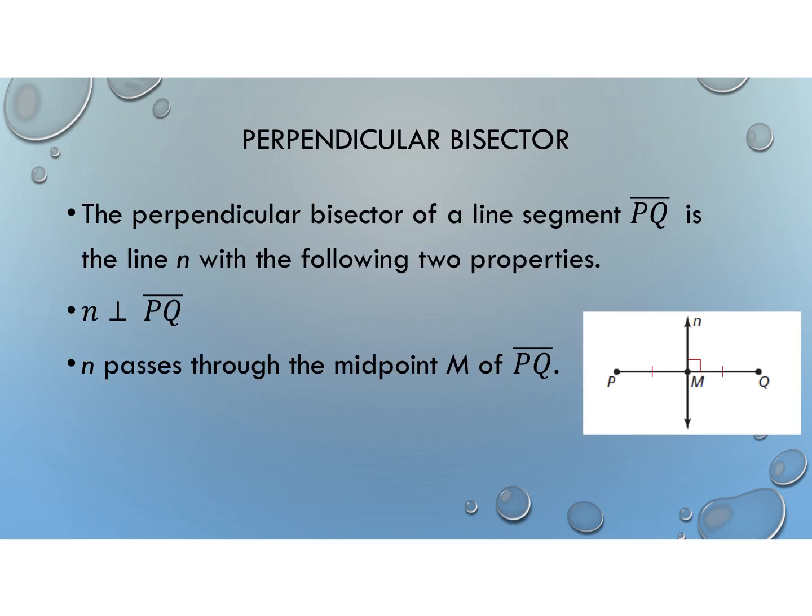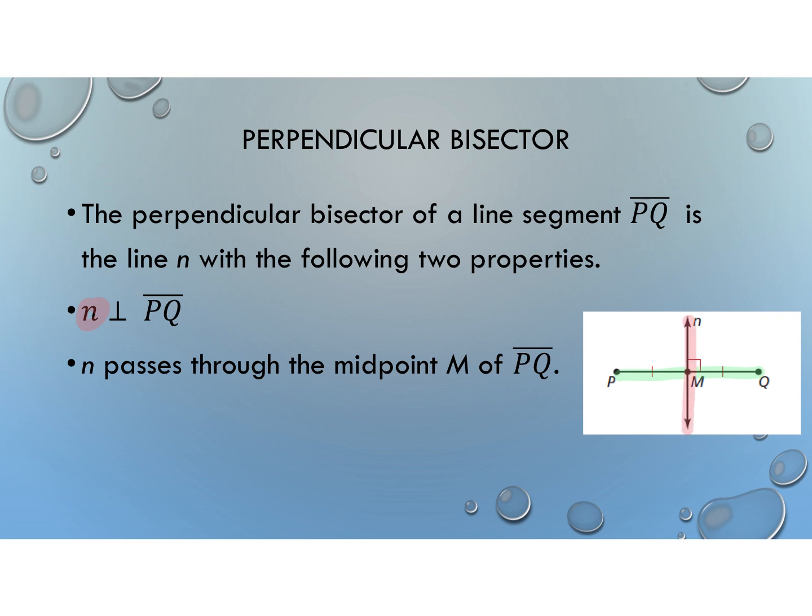So we have the perpendicular bisector of a line segment PQ. That is this one right here, guys. It is the line N with the following two properties. N is perpendicular to PQ. Again, it's a lowercase letter, so that's how you name a line.